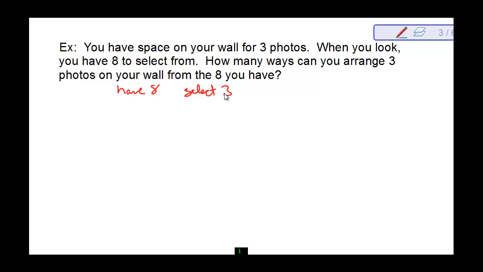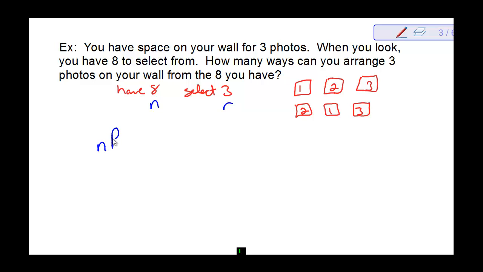Since we're arranging them on the wall, order is going to matter because I can put them in place like this, or I can place them like this. There are multiple ways that I can put them up on the wall. And so how many we have is going to be our n, and how many we select is going to be our r.